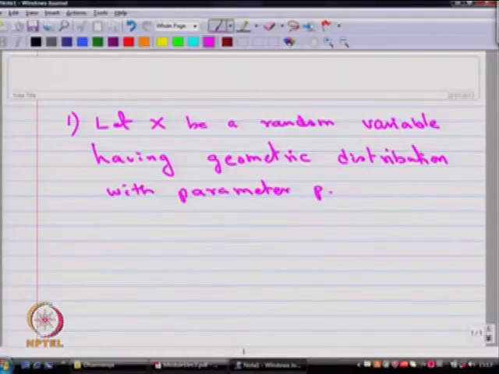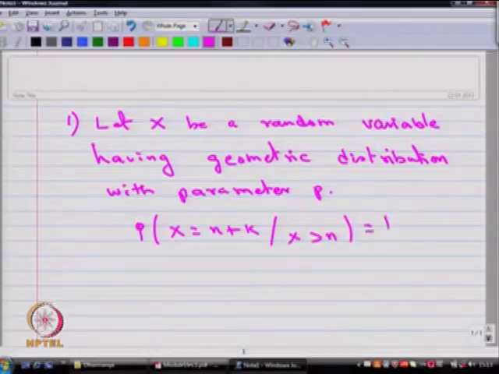Our interest is to prove that the probability of X equal to n plus k, given X takes a value greater than n, is the same as the probability that X takes the value k, for every integers n and k.